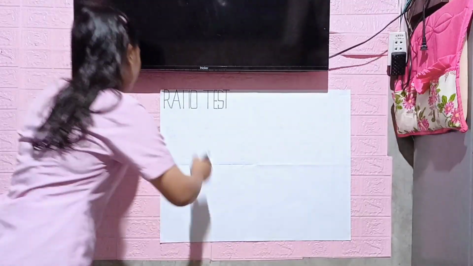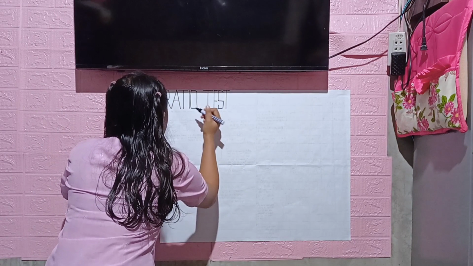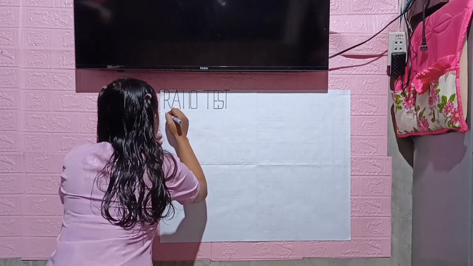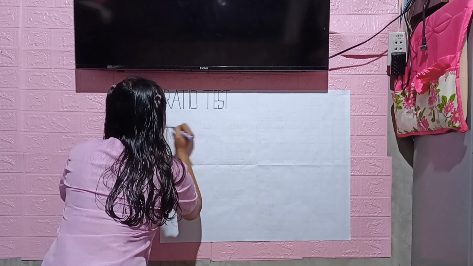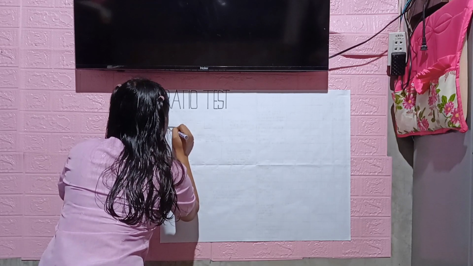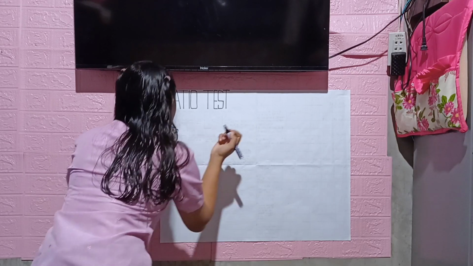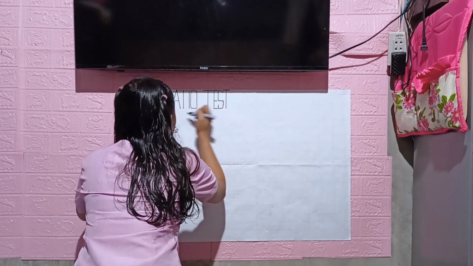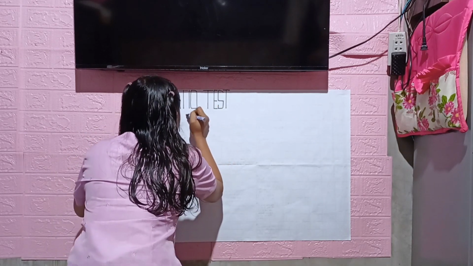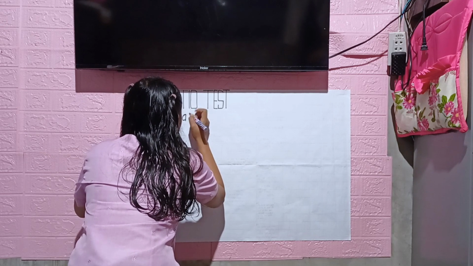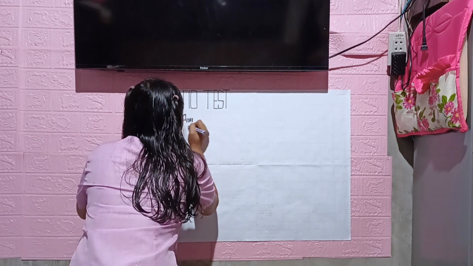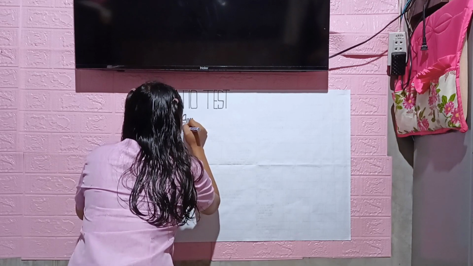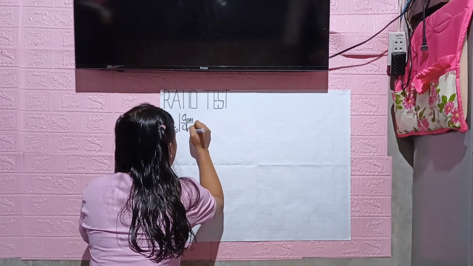First, let's say we take the limit as n goes to infinity of the absolute value of a sub n plus 1 divided by a sub n.